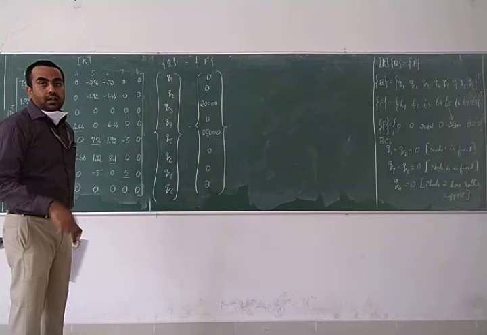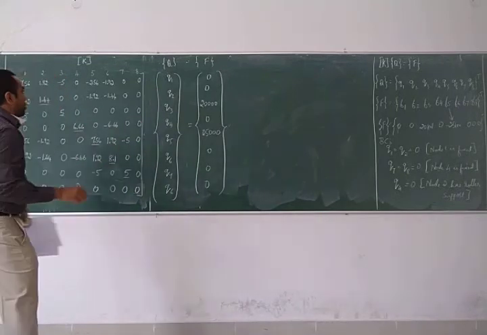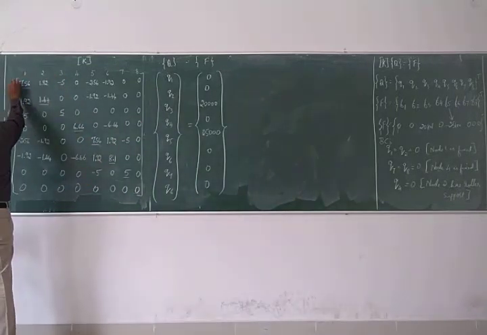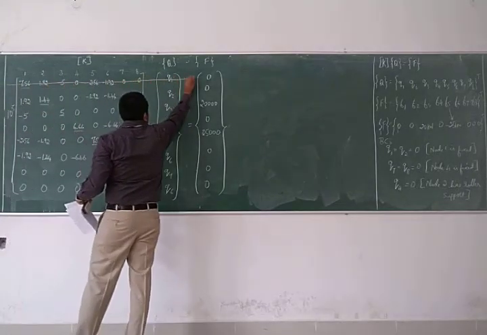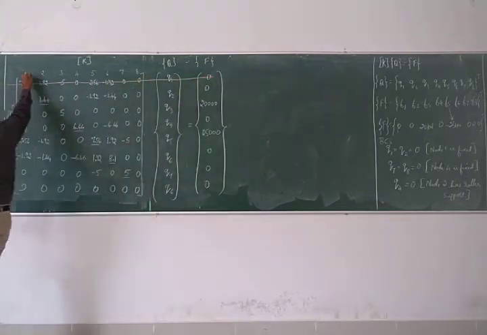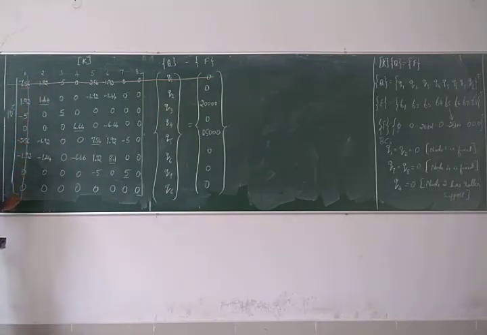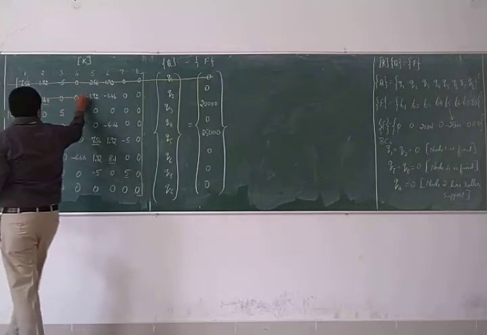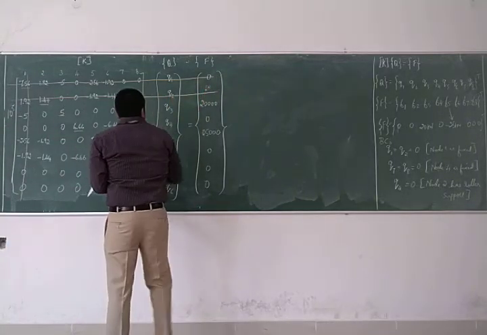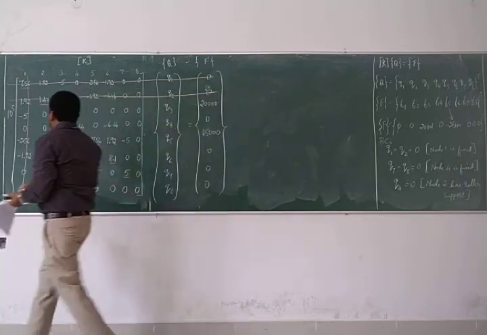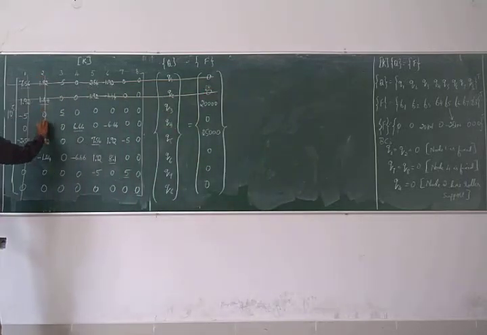Corresponding to these values, Q1 is 0, so we will eliminate the row pertaining to Q1 and also the first column. Next, Q2 is 0, eliminating the row pertaining to Q2 and the second column in the stiffness matrix.